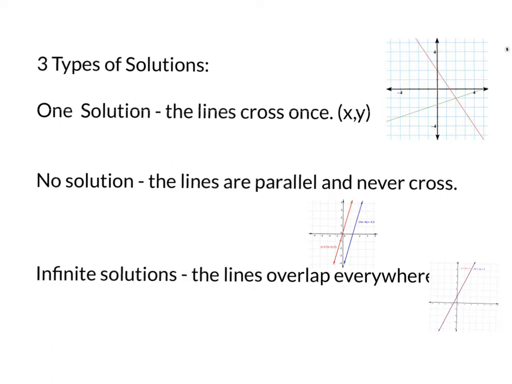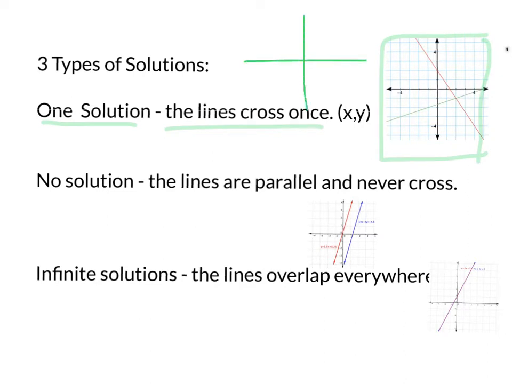So there are three types of solutions to systems. You could have one solution. That means that the lines are going to intersect one time. The lines cross once, and so your solution to that is a point (x, y). That looks like this right here. So if you'll sketch just a quick little picture of that, you don't have to have all the grid lines and stuff. It can be something as simple as drawing a coordinate plane and then drawing two intersecting lines in that.